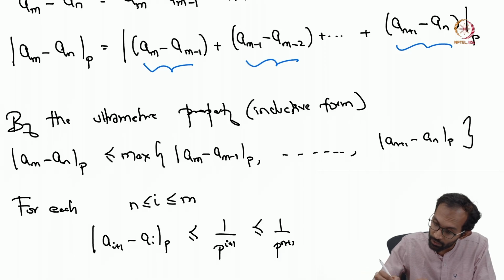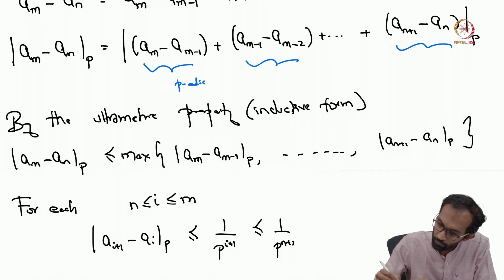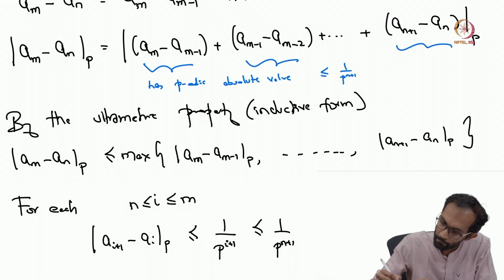So each of these terms here in p-adic absolute value is less than or equal to 1 over p raised to n plus 1.